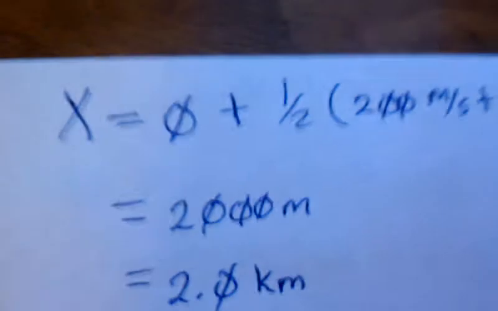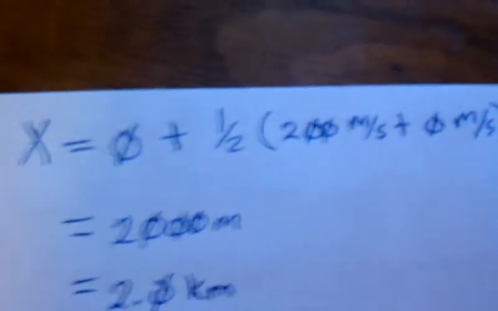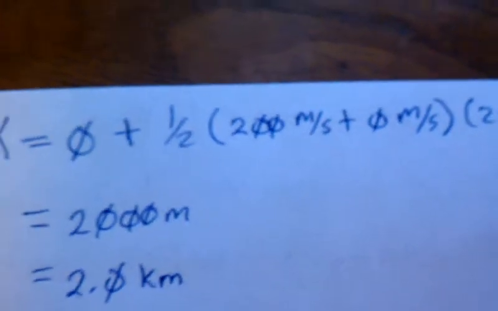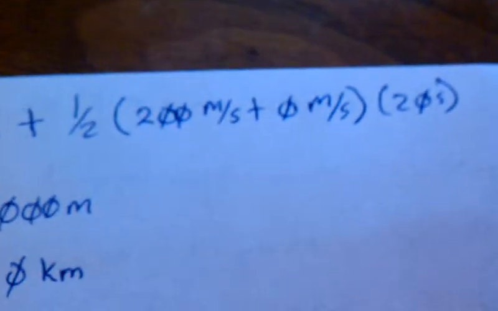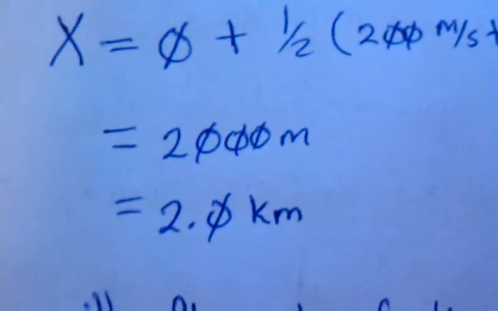So you just plug everything in. x final equals 0 plus 1/2 (200 meters per second plus 0 meters per second) times 20 seconds. That comes out to 2,000 meters or 2 kilometers.